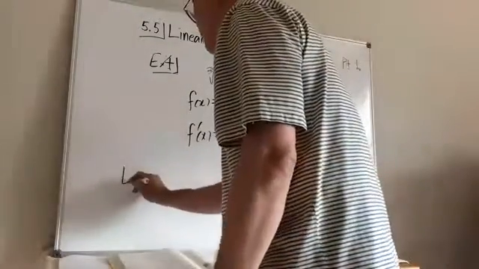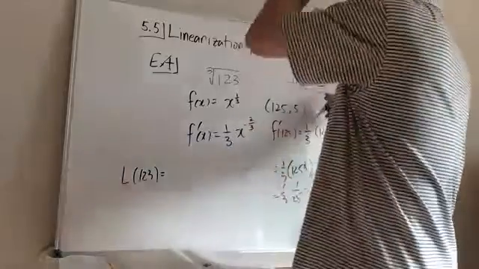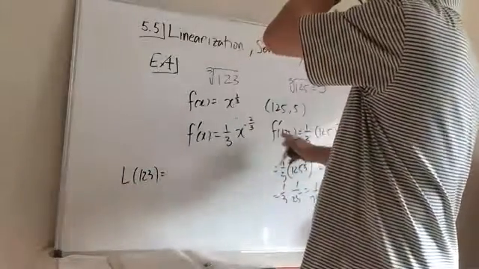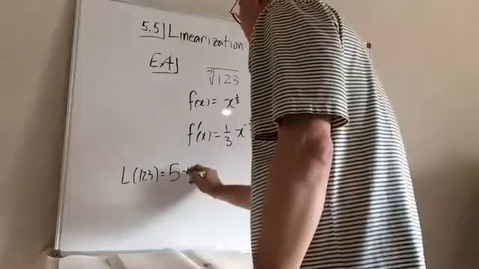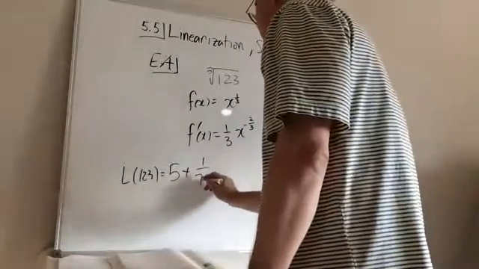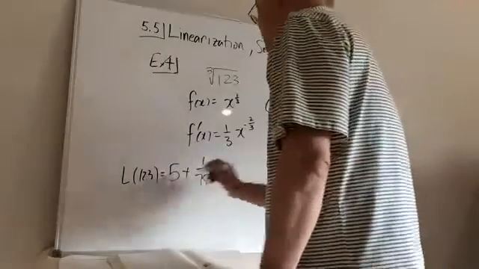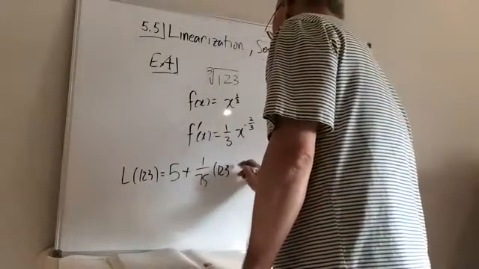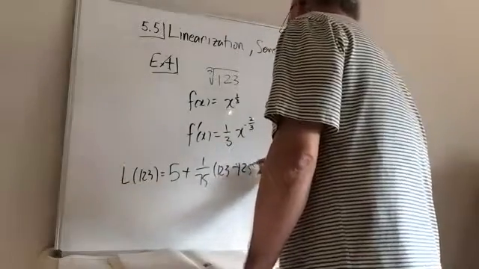So the linearization of 123 is going to be 5, right? Because what's the point? The point was 125 and 5. So it's going to be 5 plus 1/75 times, since I'm trying to do this guy, 123 minus 125.